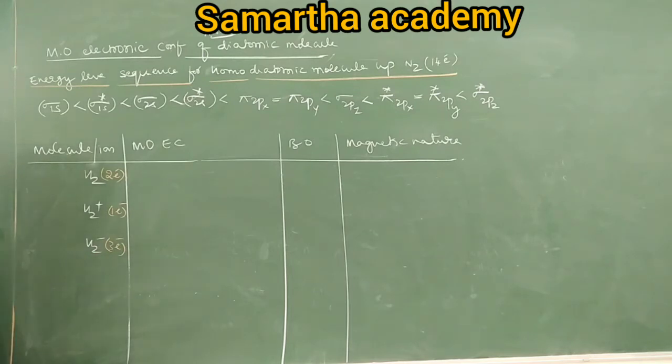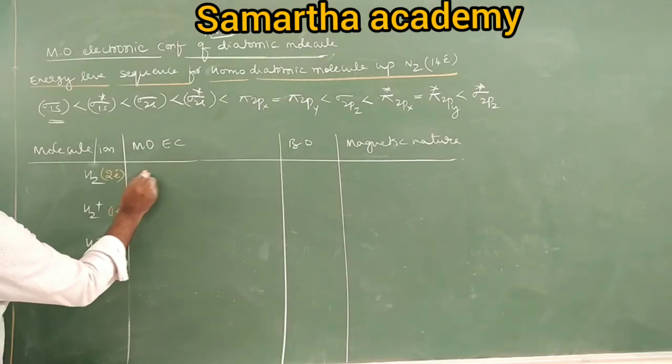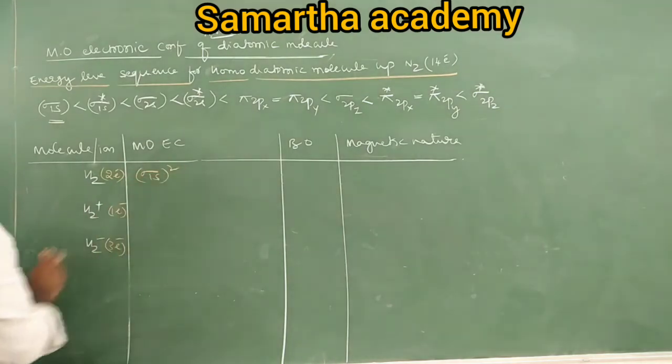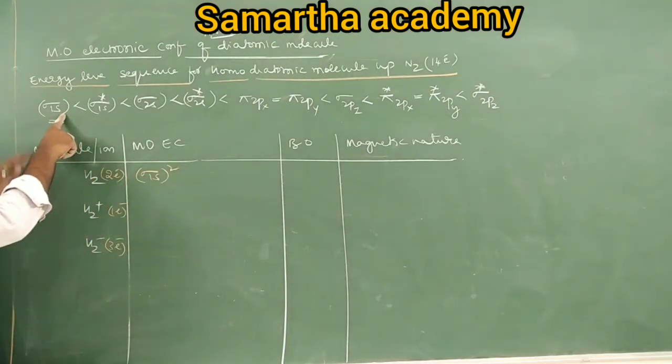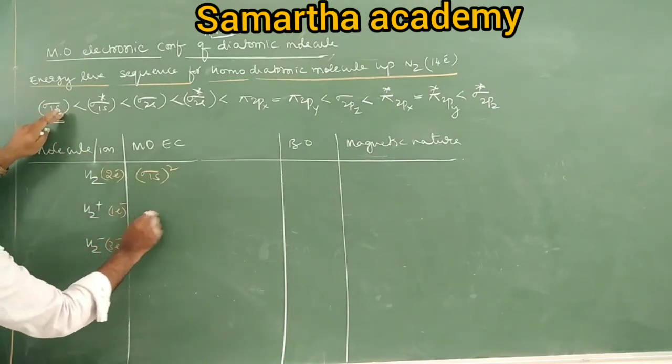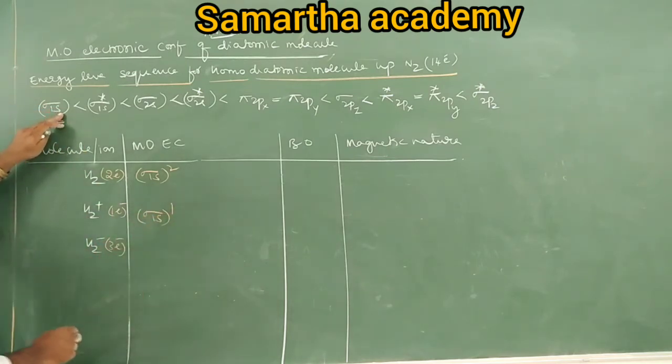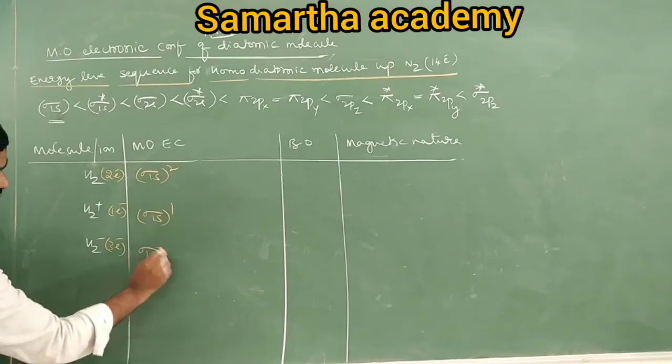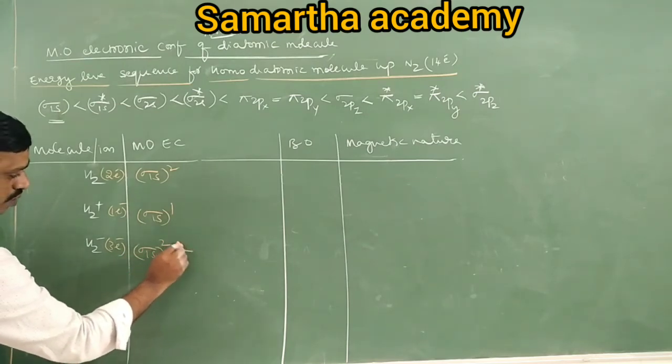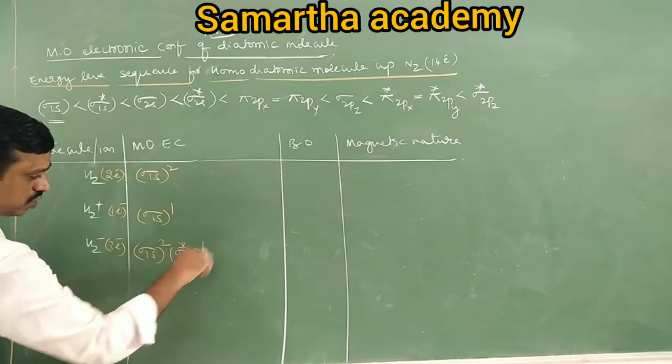3 electrons, right? Then tell me, if there are 2 electrons, these 2 electrons should be filled in which orbital? First, electron enters into the low energy orbital, then followed by high energy, that is the Aufbau principle. Therefore, electronic configuration is sigma 1s 2. Next is sigma 1s 2, sigma star 1s 1.